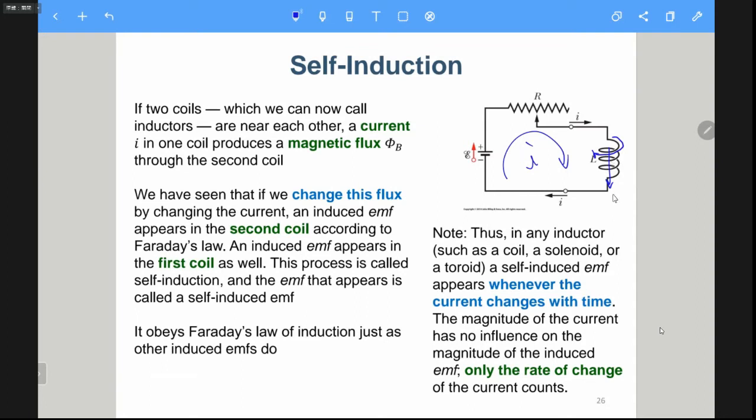If it is increasing, then the induced B will be pointing upward. If it is decreasing, the induced B points to the other side. And there will be an induced current pointing to the opposite side, which is something like a voltage drop.